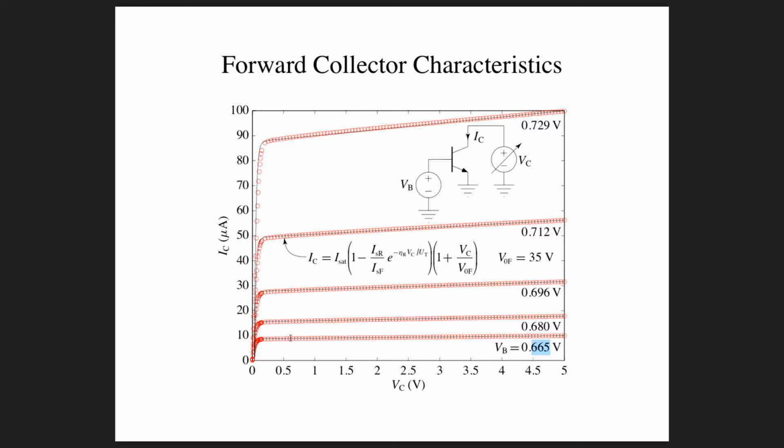Now, that seems a little strange, right? Because you can't see any sort of qualitative difference in what the characteristics are doing at this point. It was flat over here. It's still flat over here for several hundred more millivolts.